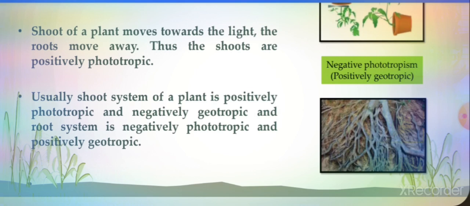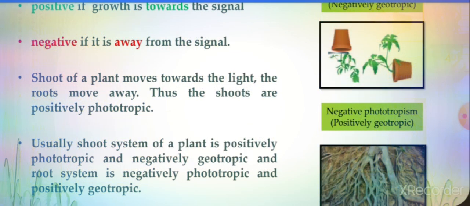That is, it grows against the gravitational pull. It will not grow along or towards the gravity. That is why we call it negatively geotropic. And the root system always grows along or towards the gravitational pull, and it is called positively geotropic.